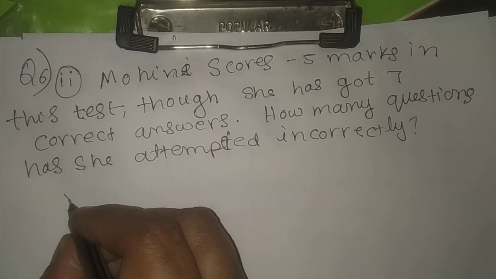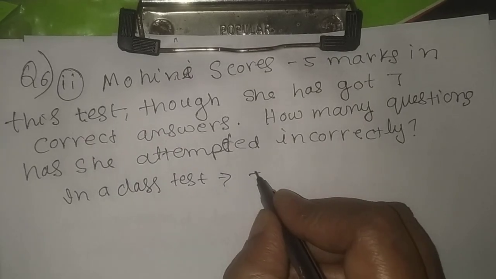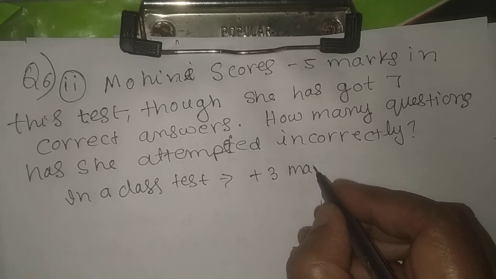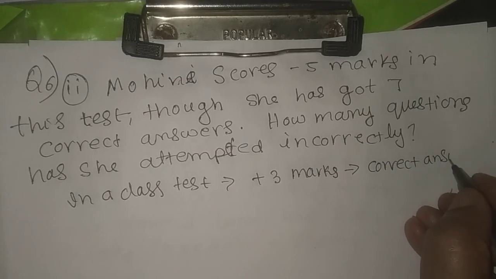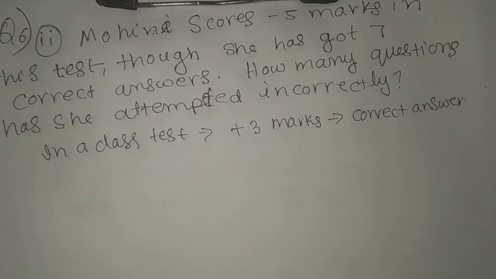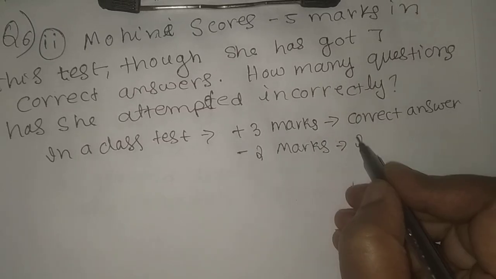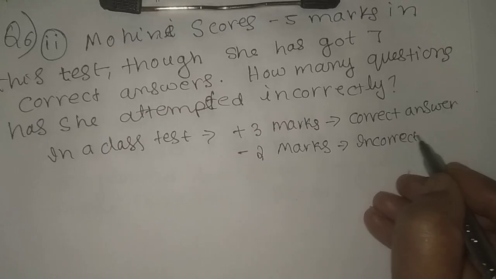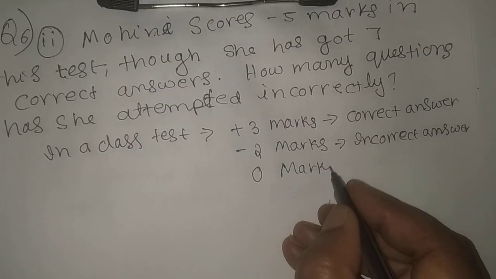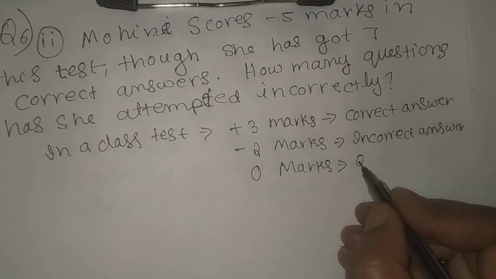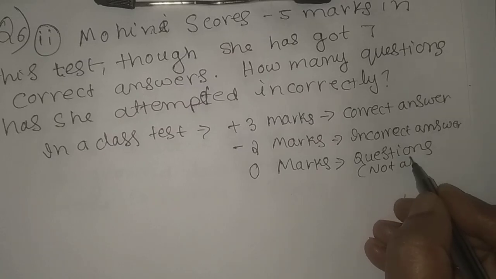So in a class test, plus 3 marks for correct answers, and minus 2 marks for incorrect answer, and 0, that is 0 marks for questions not attended.